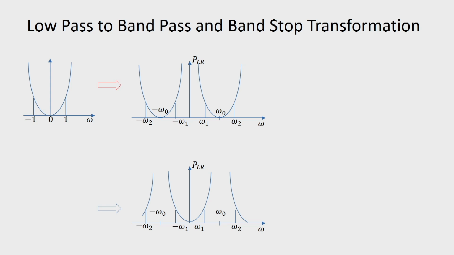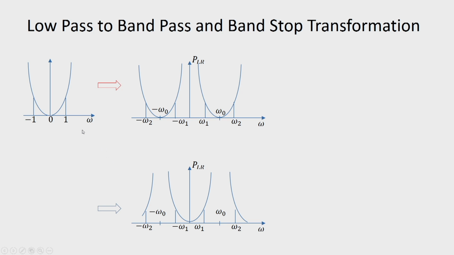Let us now consider the low pass to band pass and band stop transformation. So, the first transformation is a band pass transformation, where this low pass filter characteristic is mapped to a filter having a center frequency omega naught and pass band edges having frequencies omega 1 and omega 2.